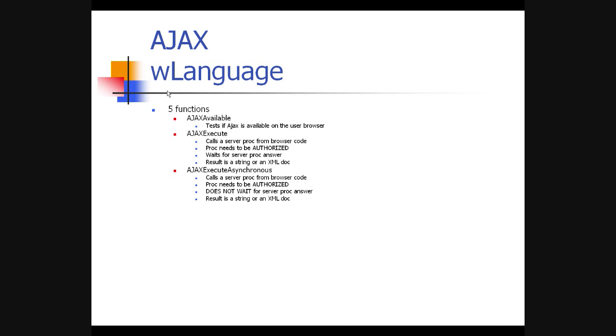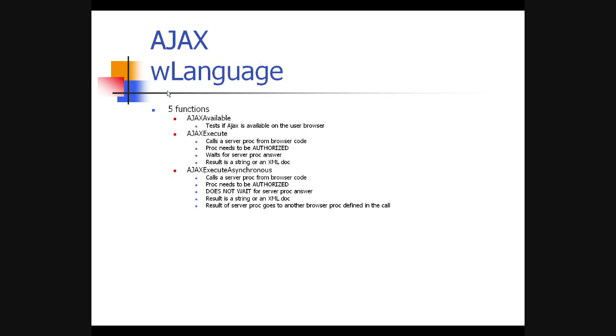So the server side is going to send the answer at some point, and the result is again going to be a string or an XML document. But it's not the Ajax Execute asynchronous result. It's just the result that is going to be sent by the server. So you have to manage that some way.